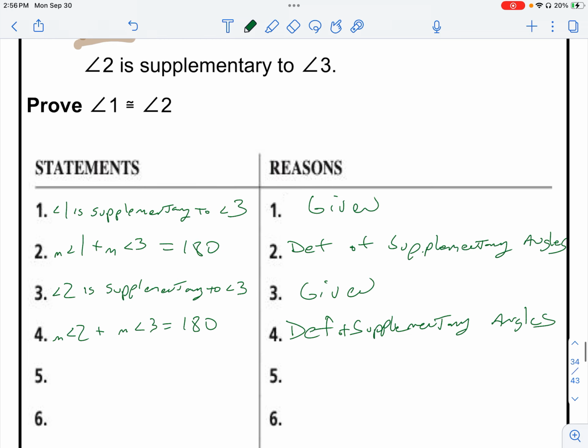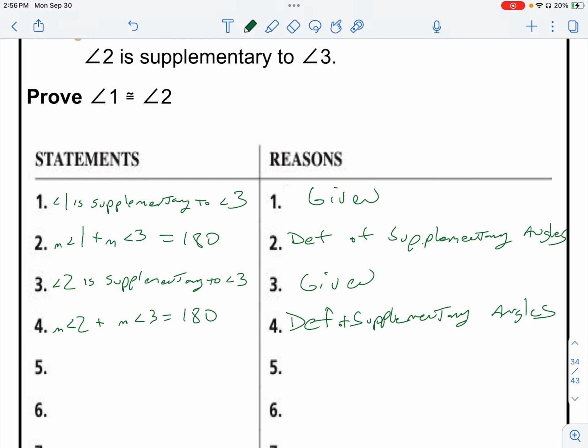All right. So what can we do? The measure of 1 plus the measure of 3 equals 180, and the measure of 2 plus the measure of 3 equals 180. They both equal 180.